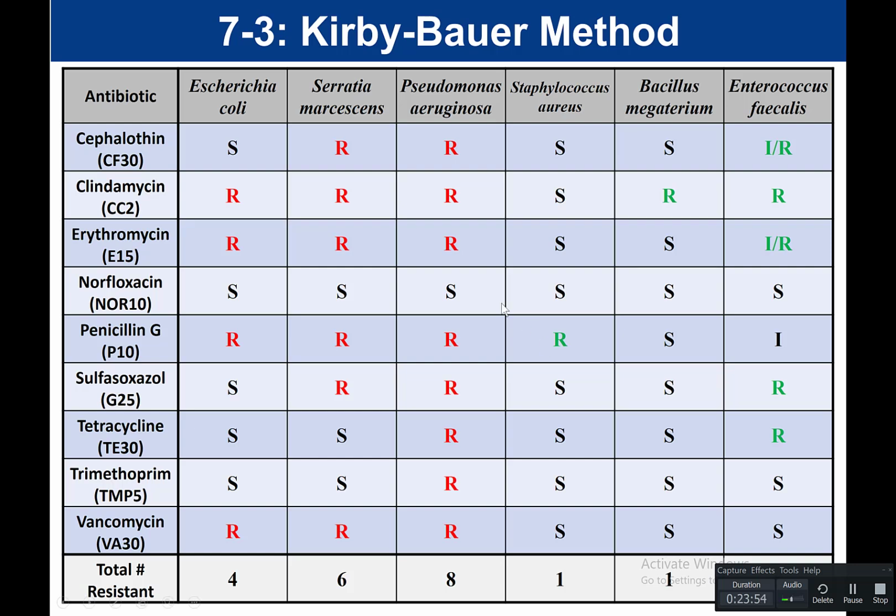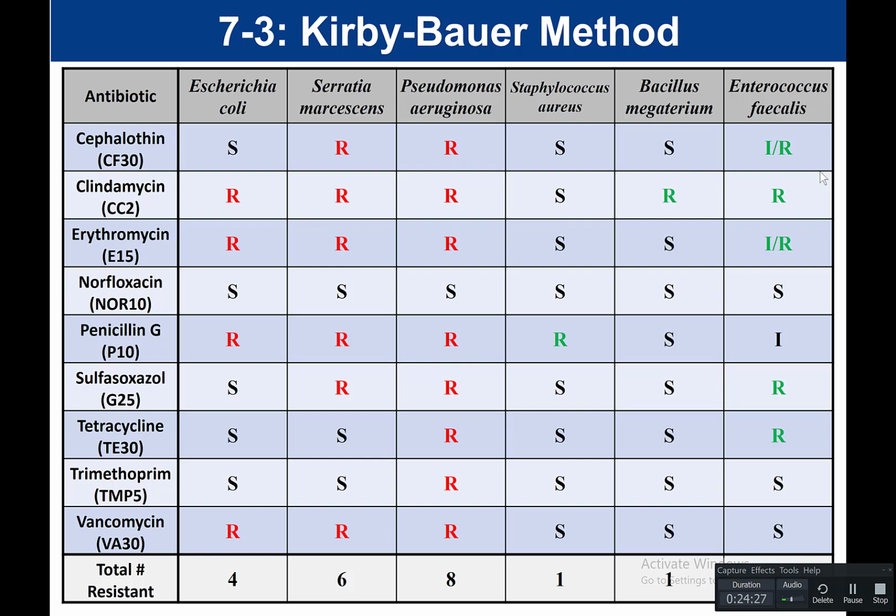If we look, for example, at clindamycin, you'll notice that E. coli is R, which means again resistant, Serratia marcescens, resistant, Pseudomonas aeruginosa, resistant, Staph aureus, sensitive, Bacillus megaterium, resistant, Enterococcus faecalis, resistant. So notice that in this case, our clindamycin was only effective against Staph aureus.